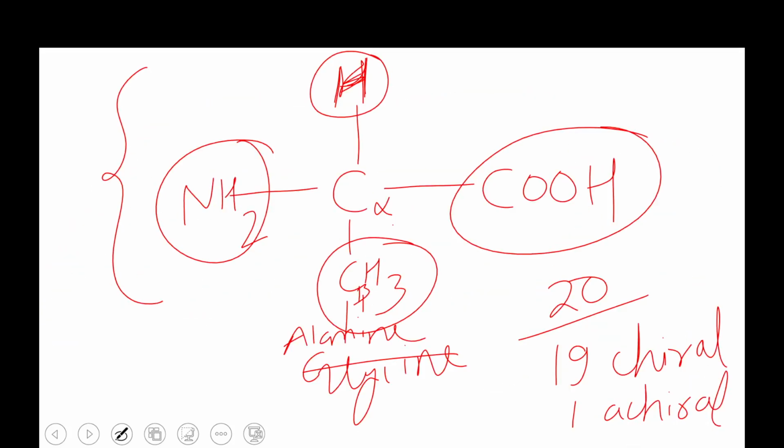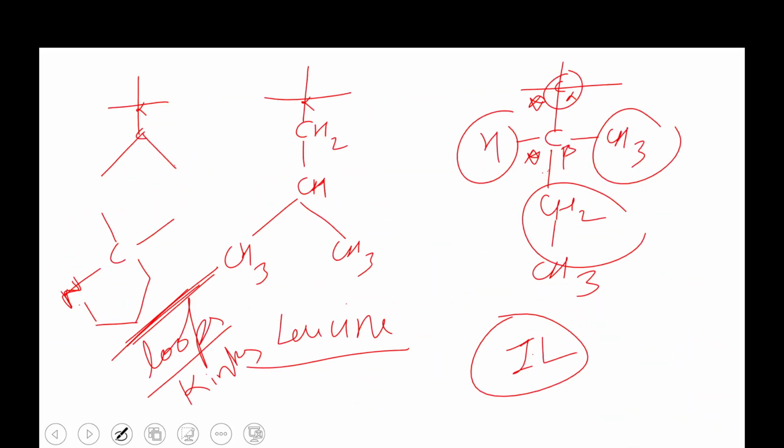Also, in case of proline, one more thing. Generally in protein structure, we have this NH2, which is the primary amine.